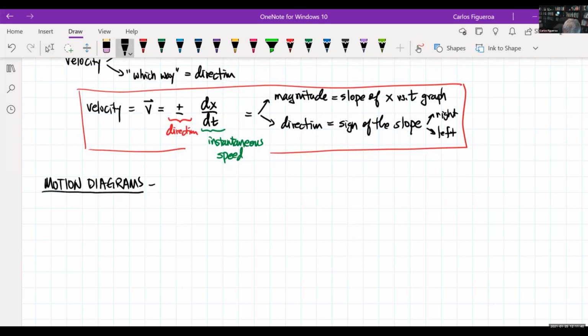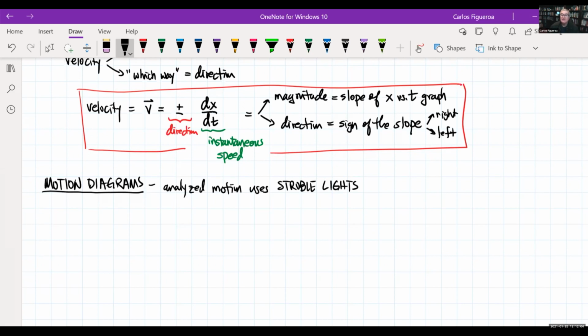So what this is here is that we analyze motion using strobe lights. And what do I mean by strobe light? Well, what does a strobe light do?